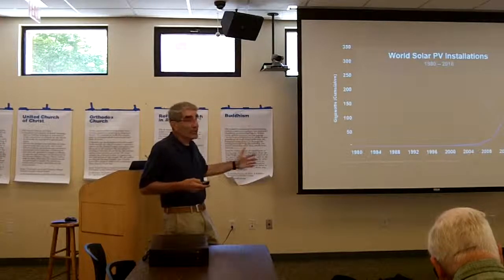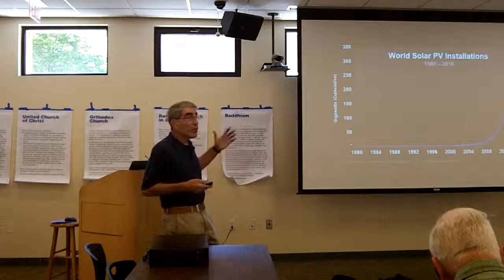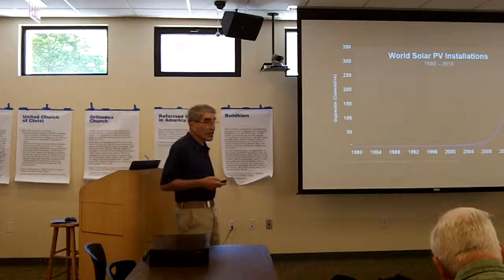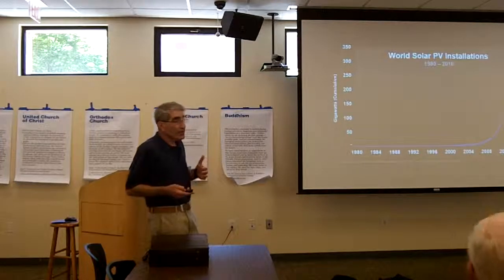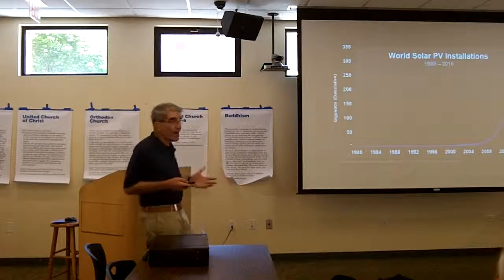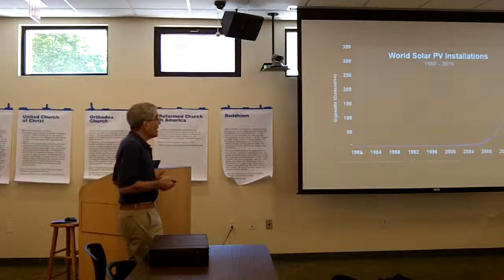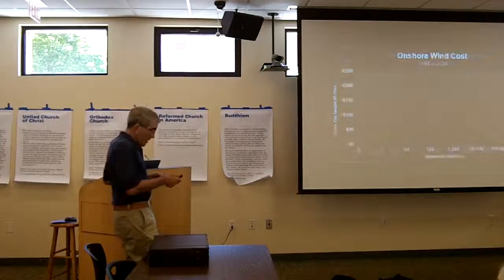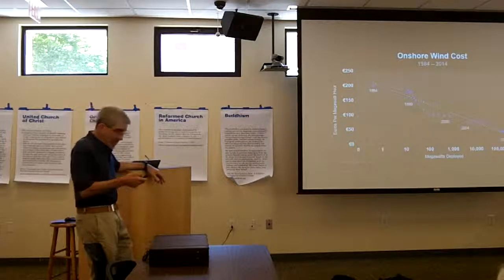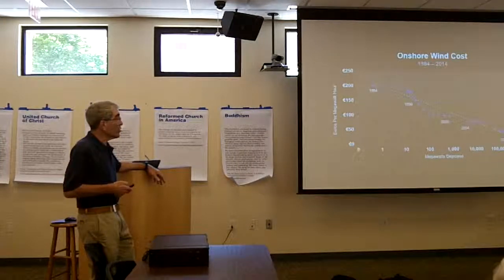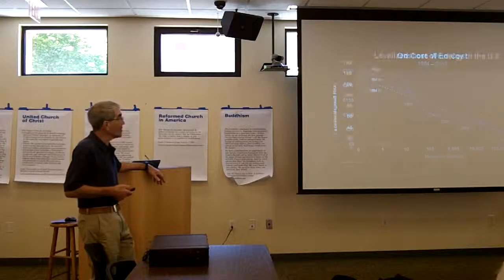We have 100 times more today than what was expected by most experts 10 years ago, because the prices are falling so dramatically and the efficiency is increasing so dramatically. And it's the same with wind energy. Wind energy is much more prevalent than anybody expected because the prices have come down.